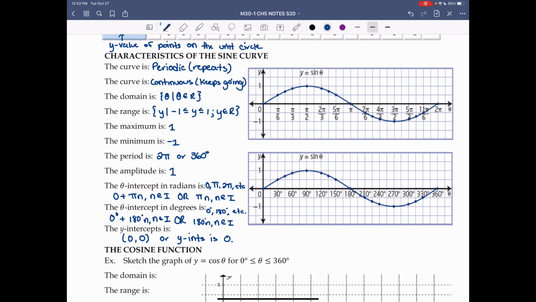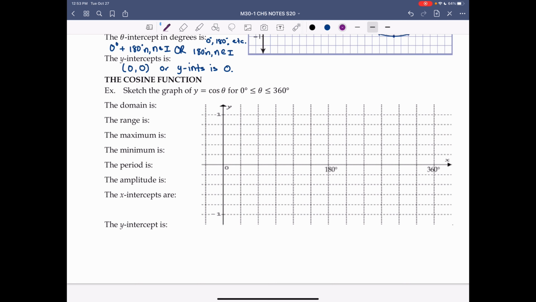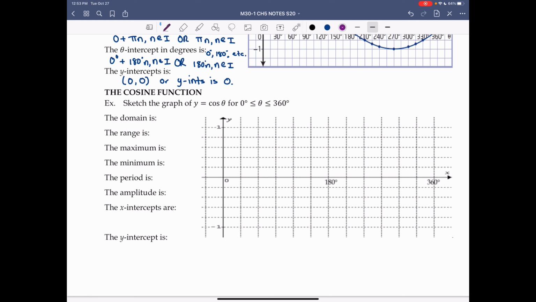The cosine function. Sketch the graph of y equals cos theta for 0 is less than or equal to theta is less than or equal to 360. So recall that cos theta is the x value of points on the unit circle.